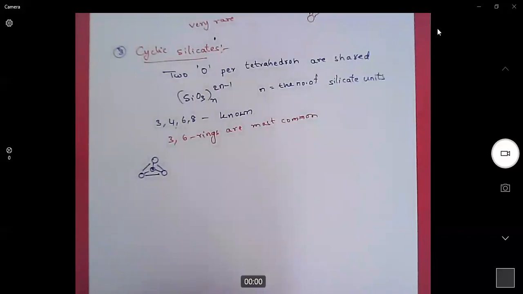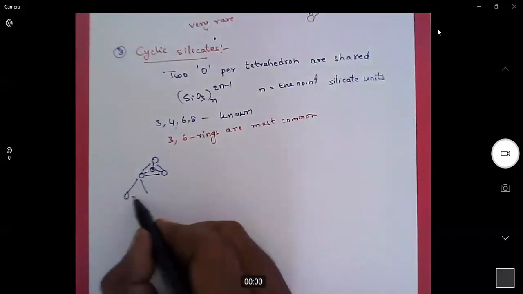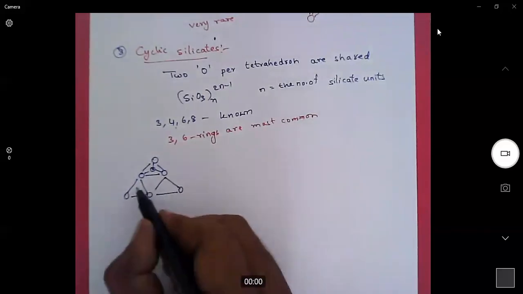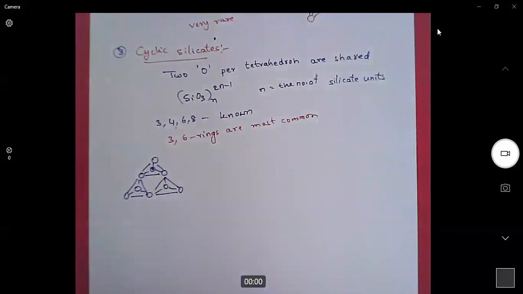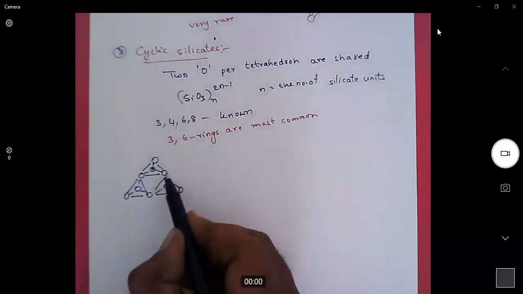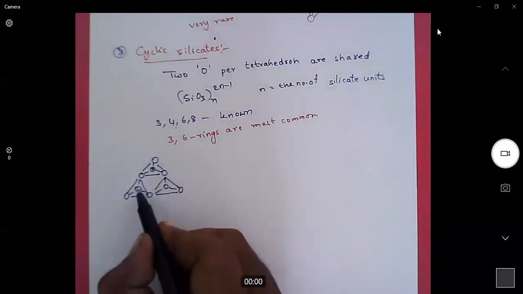Now, in the 3-membered ring, 2 oxygens must be shared. See in this, in the first silicate, 2 oxygens were shared with the 2 tetrahedral silicate units.